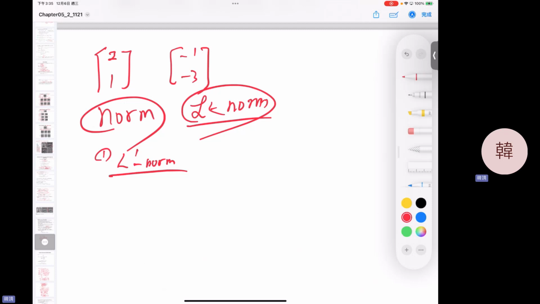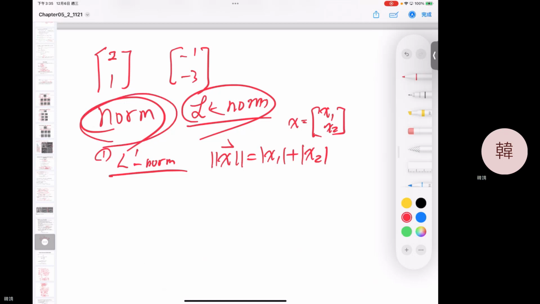The definition: x is the vector, if x is x1, x2, it's a vector. We are going to transform this vector into a scalar value. So we use norms to represent different vectors or different matrices. The L1 norm is like this, the Manhattan distance.